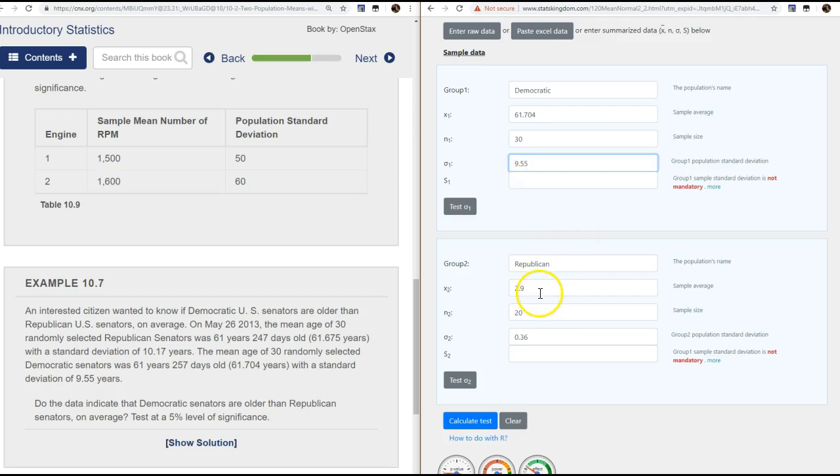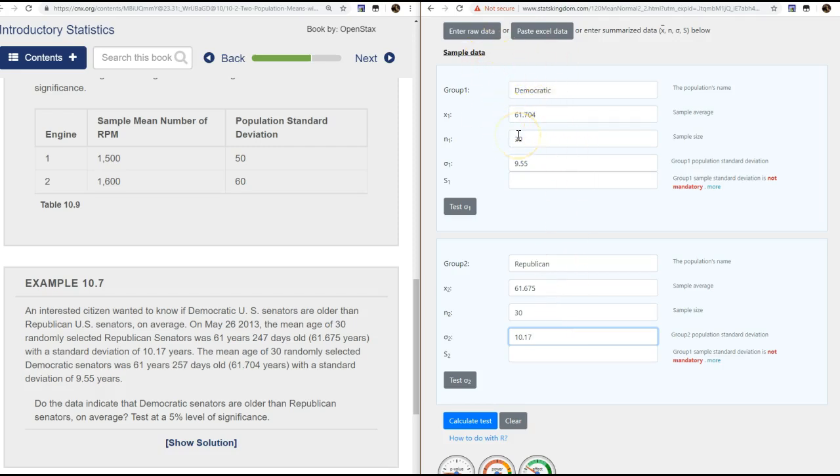For Republicans, their mean age was 61.675 with 30 Republicans, right? 30 Republicans. And the standard deviation of 10.17 years.